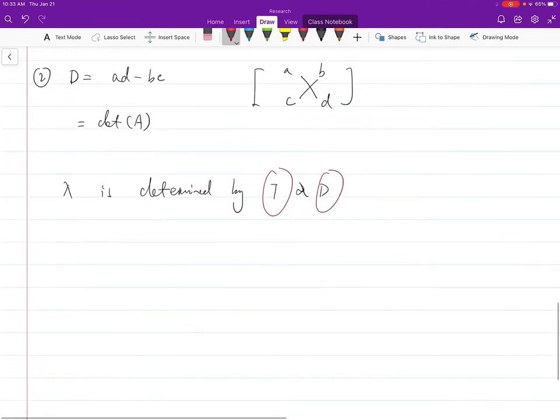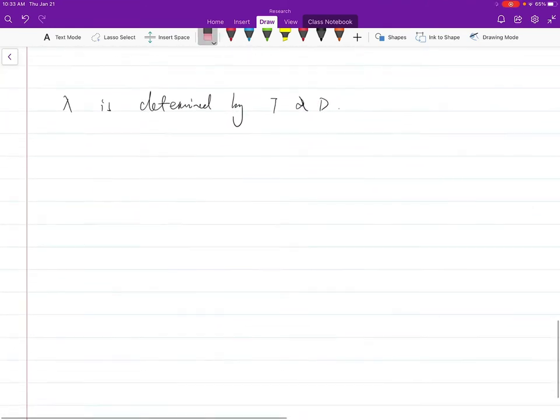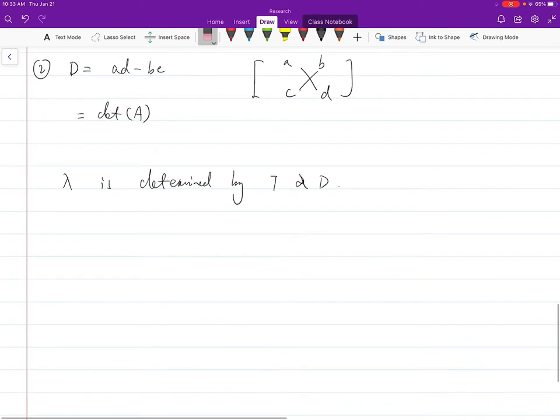We will call it a TD plane. Great. Number 3, something I want to mention: T and D are invariant under change of basis.